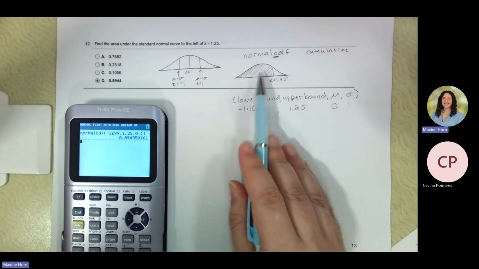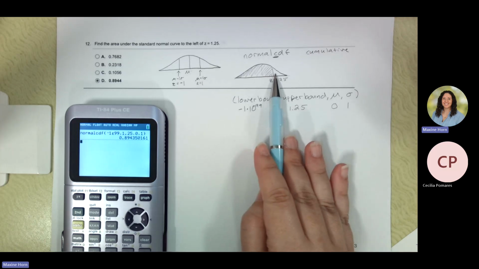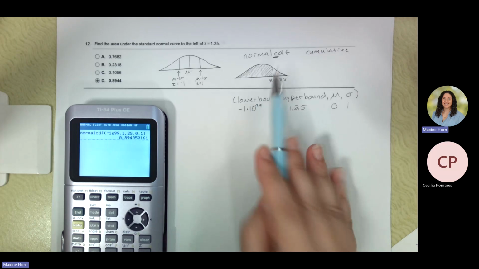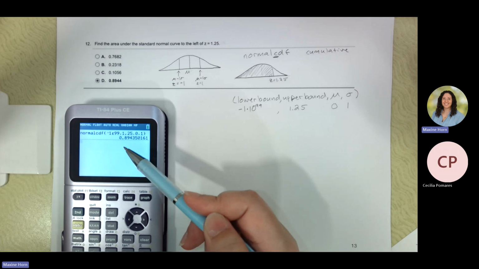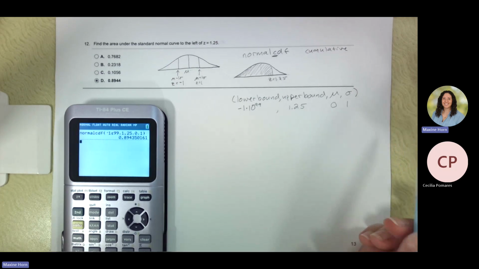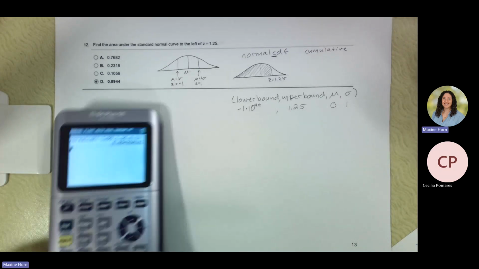Does it make sense that if I'm to the right of the mean, having shaded in most of this, I would get about 89%? Yes, it looks about like I've shaded in 89%. There's a lot of wiggle room here, but if I had gotten something like 2%, that would have tipped me off that I may have plugged something in incorrectly.